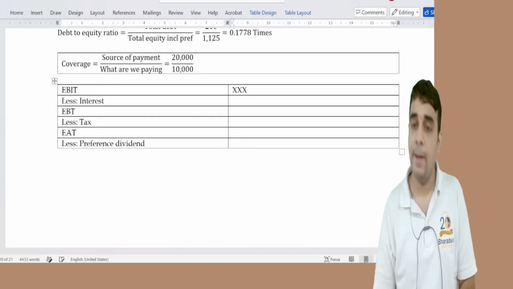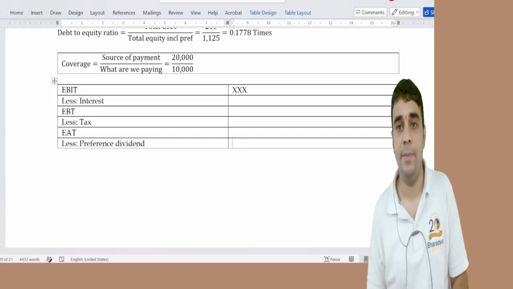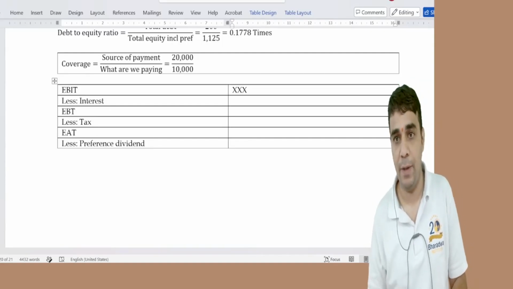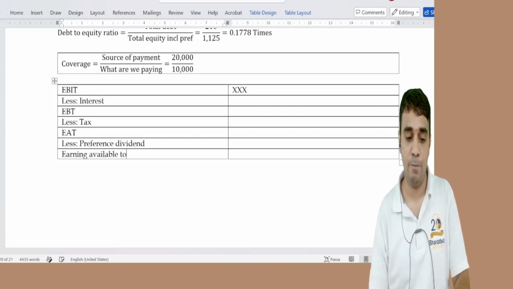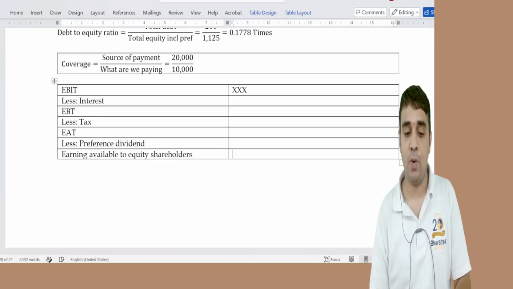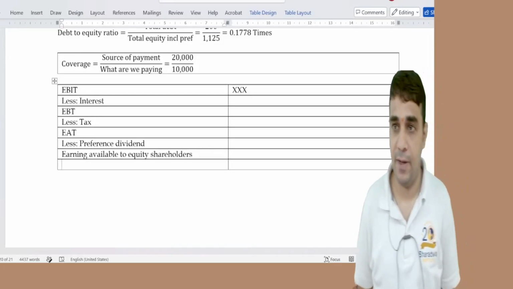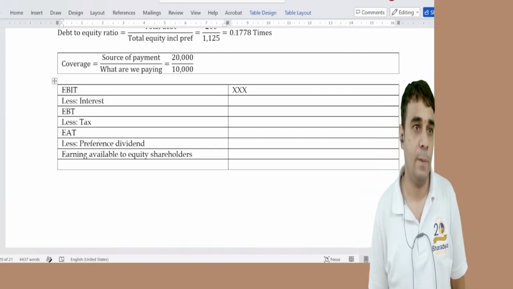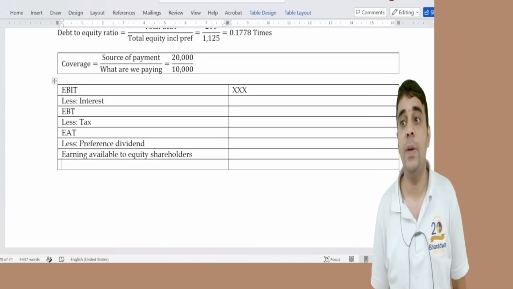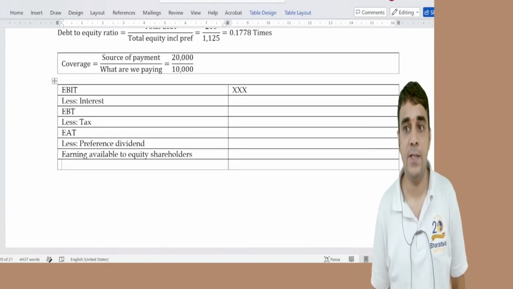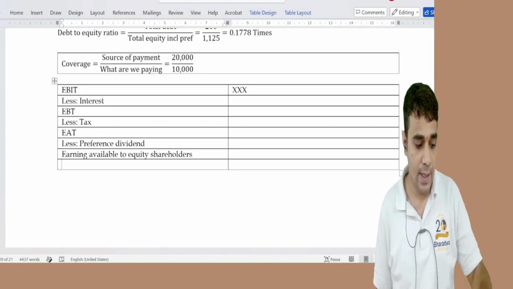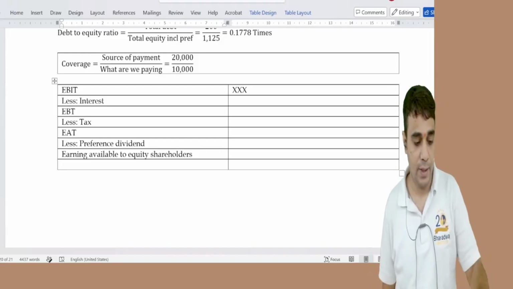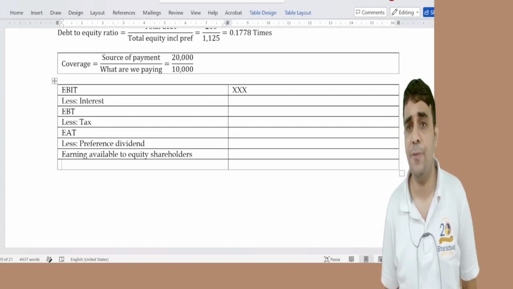Whatever profits I make, first I have to pay preference dividend. After the preference dividend is paid, the leftover money is called earnings available to equity shareholders.